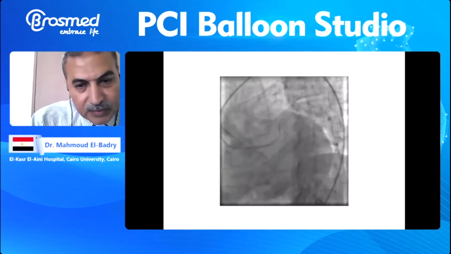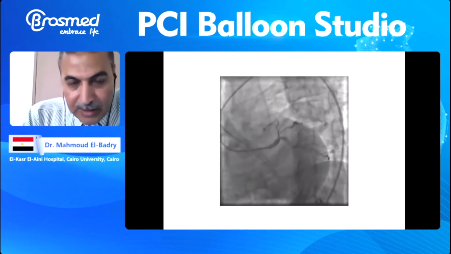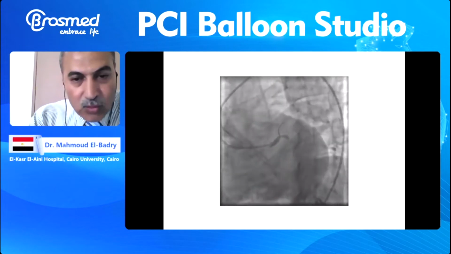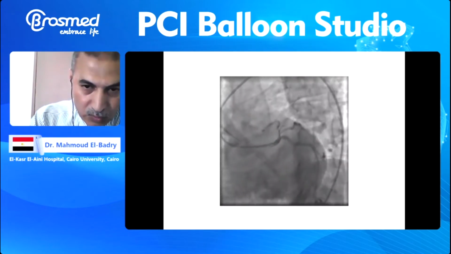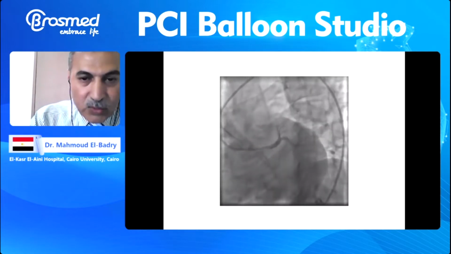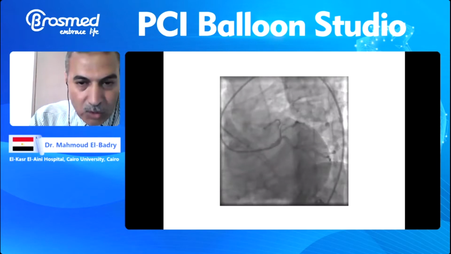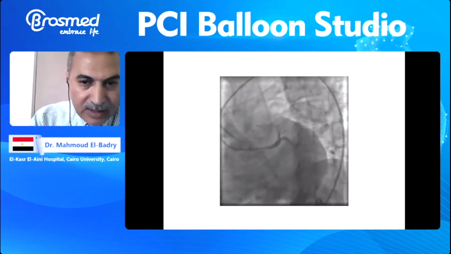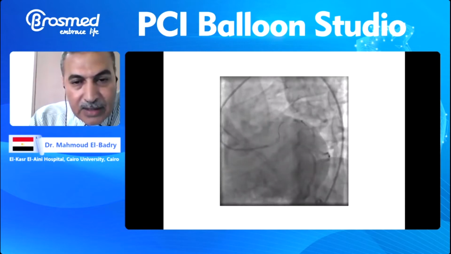expanded. So finally, I decided to go to the second diagonal branch, and as we remember, it was occluded 9 months ago, and maybe more than this time. It is at the origin.